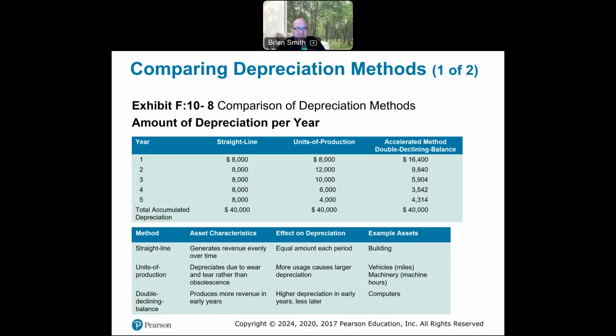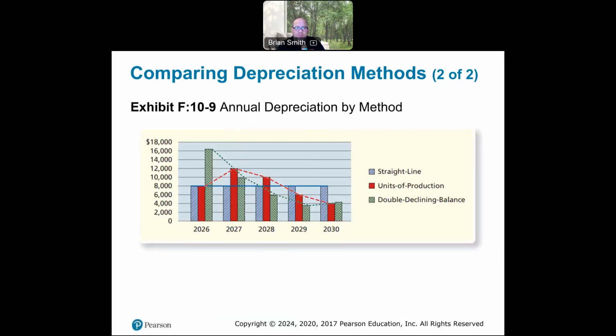That's ridiculous, because it doesn't impact revenues, it impacts expenses, and it decreases net income. Really weird. Some of the things Pearson says are kind of out there, in my opinion. I don't always agree with them. But the bottom line is we get to the same book value every time, just different depreciation amounts per year, but we get to the same thing.